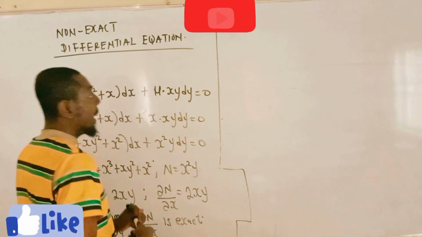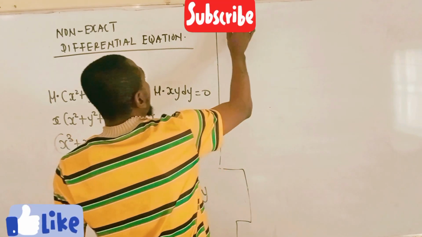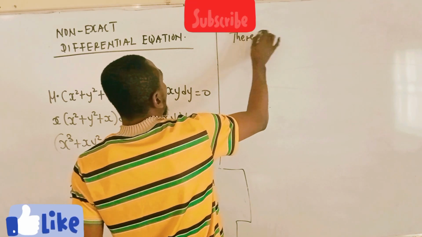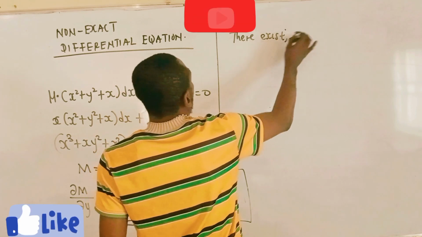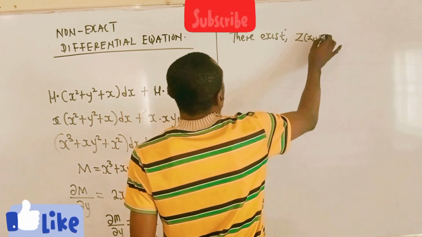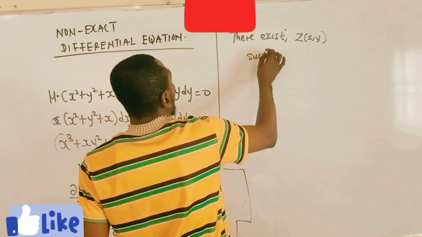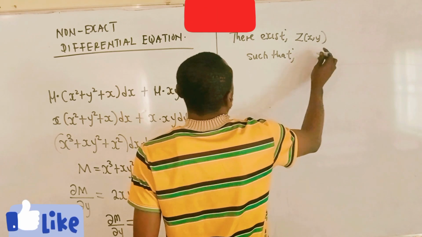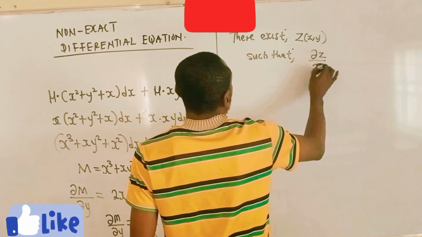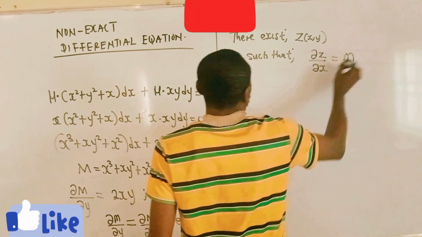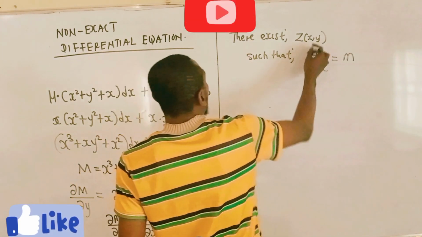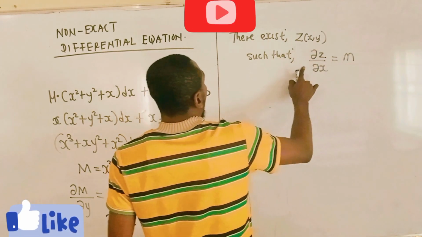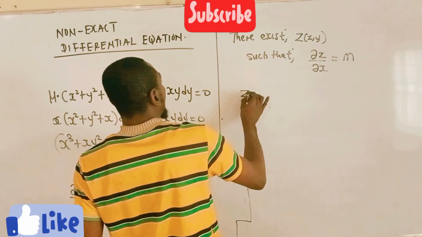Okay, having confirmed the exactness, we can now say there exists a function z of x, y such that the partial differentiation of z with respect to x is equal to M. Integrating both sides with respect to x, integrating this will give us the function z.